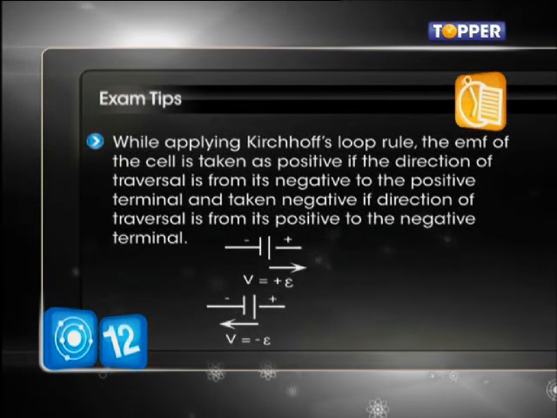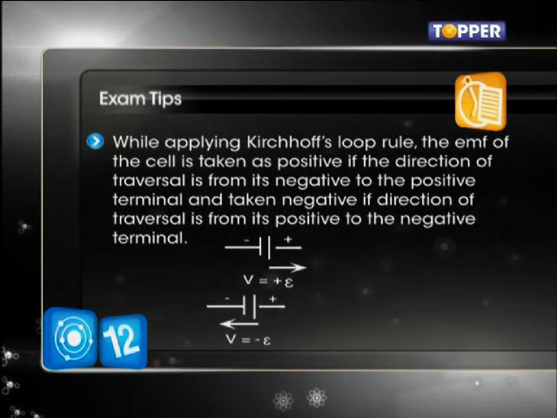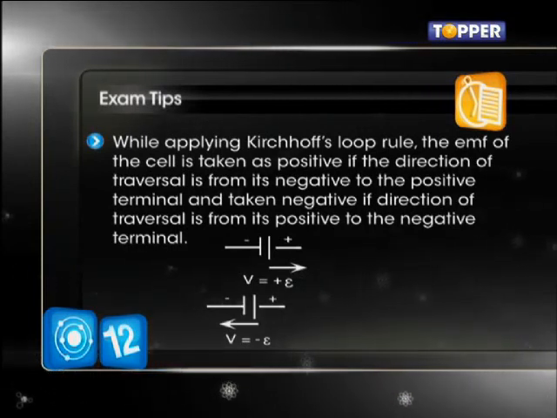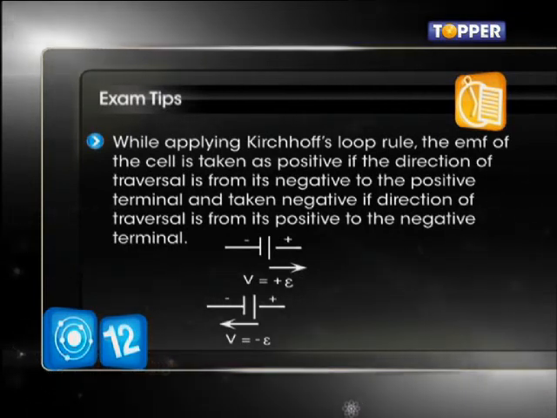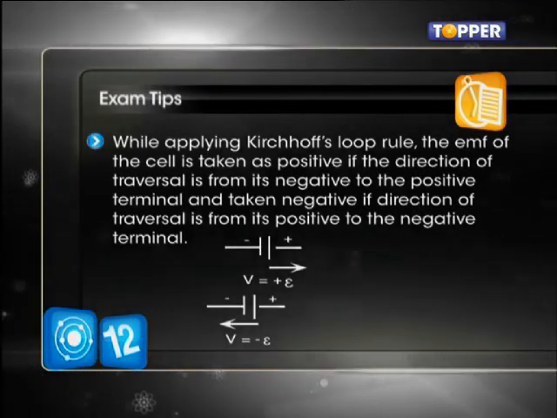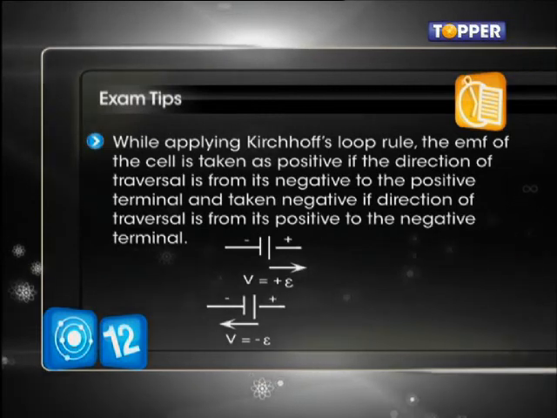While applying Kirchhoff's loop rule, the EMF of the cell is taken as positive if the direction of traversal is from its negative to the positive terminal, and taken negative if direction of traversal is from its positive to the negative terminal.